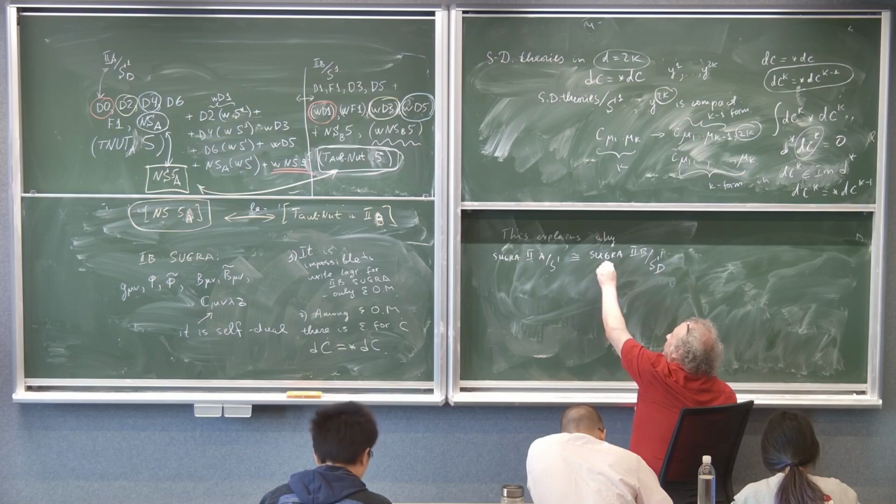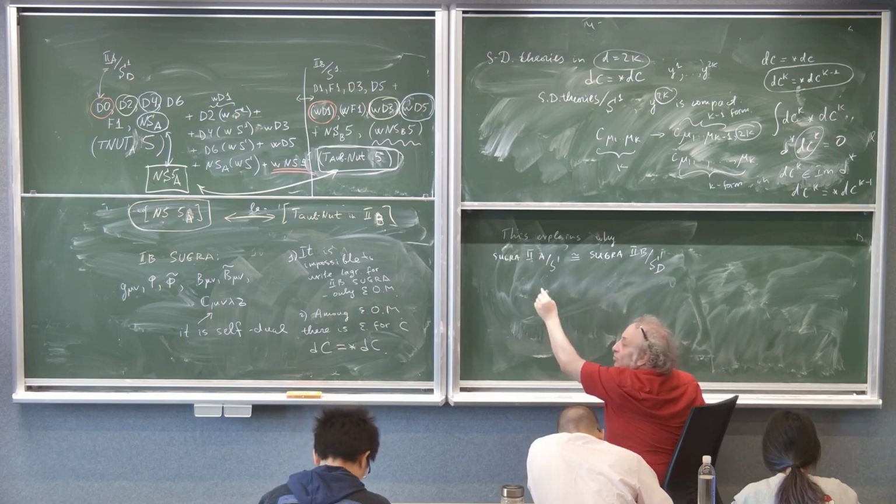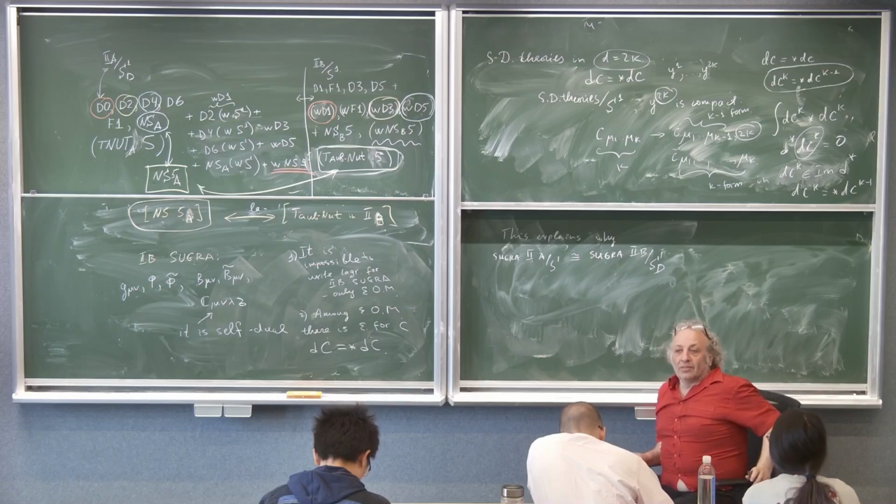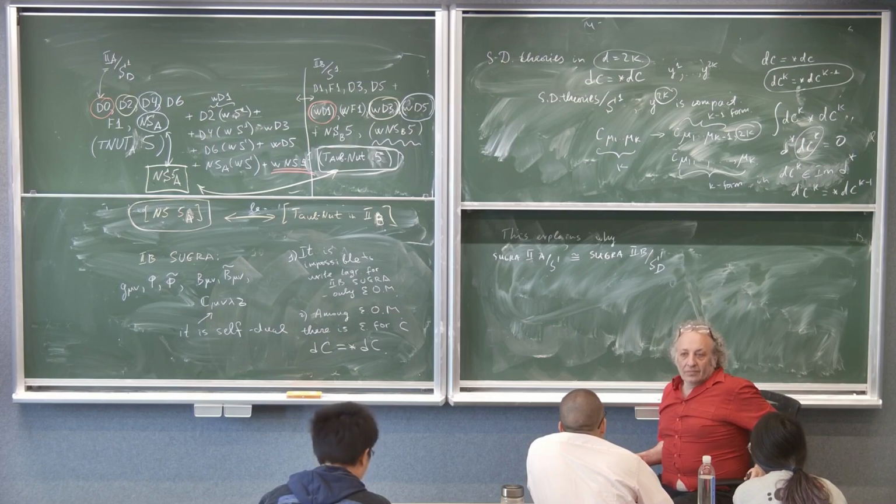Here we do have this self-dual field. Here we do not. But that's not a problem. When you compactify to S1, we will lose these self-dual fields completely.